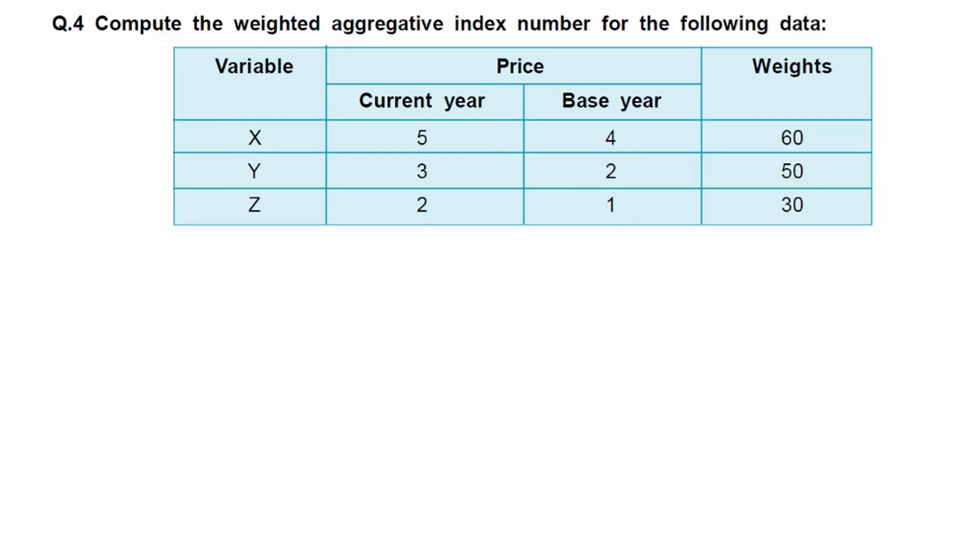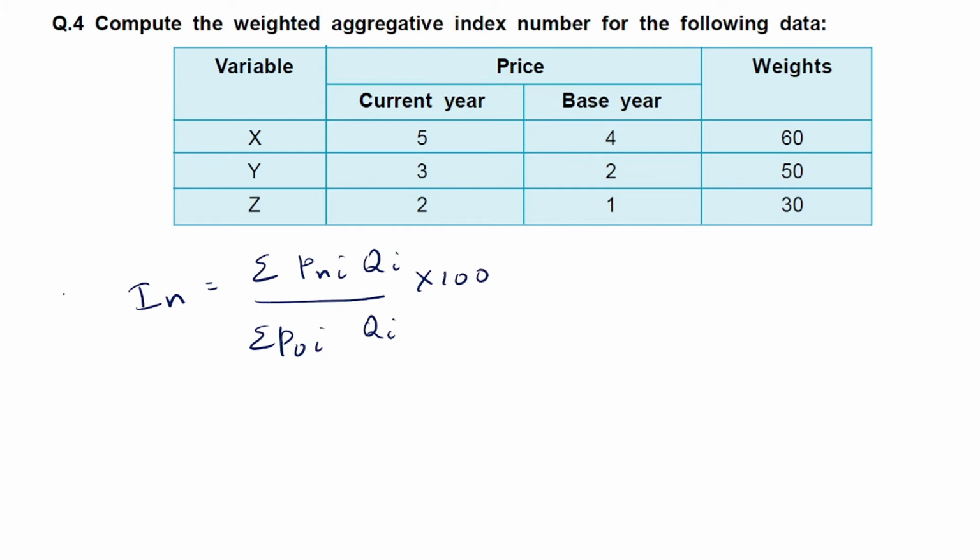So first let us write the formula. The weighted aggregative index is calculated as In is equal to summation Pni Qi upon summation P0i Qi into 100.